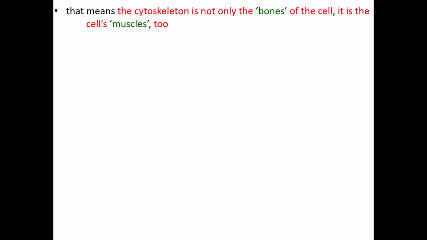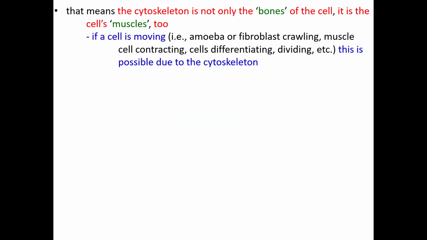So what this really means is that the cytoskeleton is not just the bones of the cell, it's also the muscle of the cell. And indeed, whenever a cell is moving, like an amoeba cell that's blobbing somewhere, one of our own fibroblast cells that's crawling to a new location, muscle cells contracting, mitosis, where chromosomes are being pulled to opposite sides and the cell is actually constricting in the middle so that it can split into two.